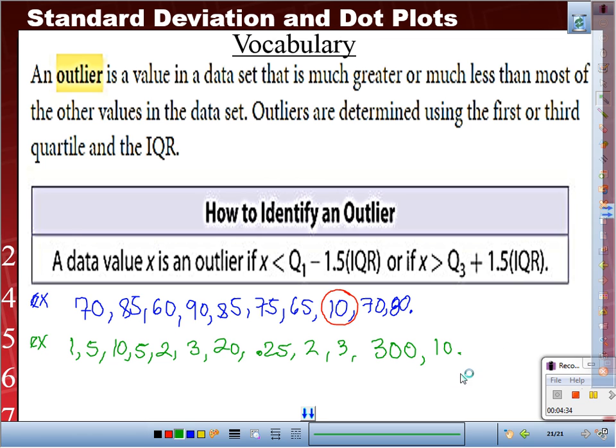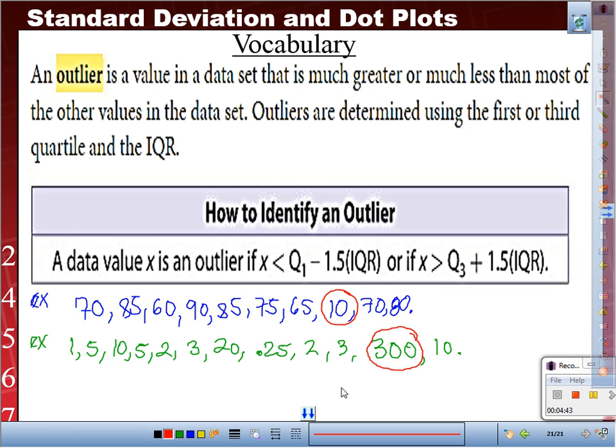So, by looking at that information, which would be our outlier? 300 would be our outlier, or the person would be a straight out liar, right?